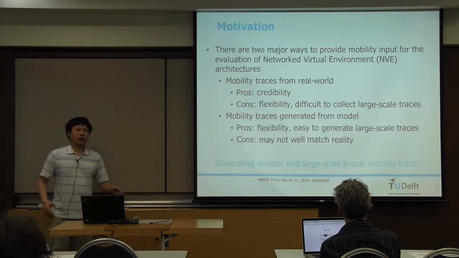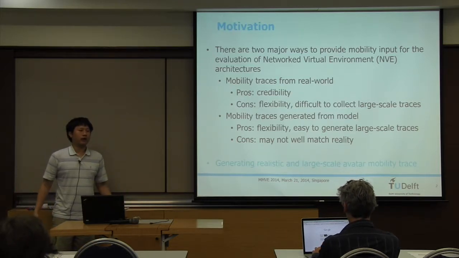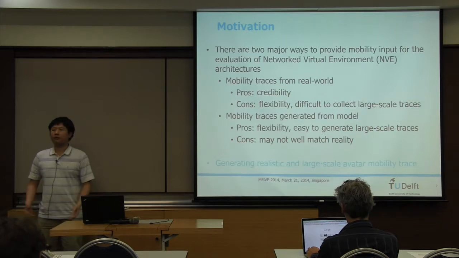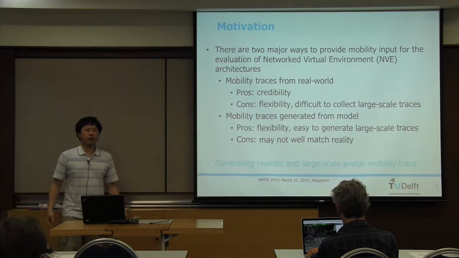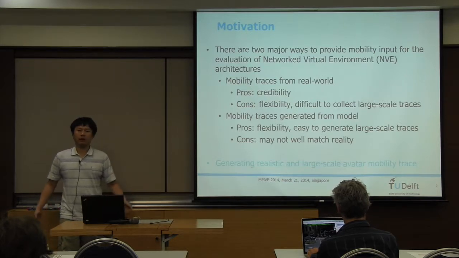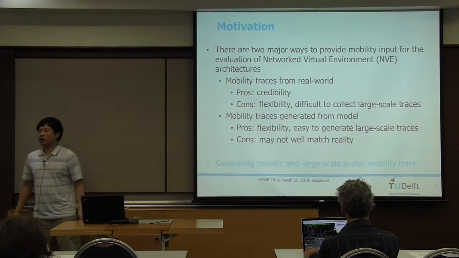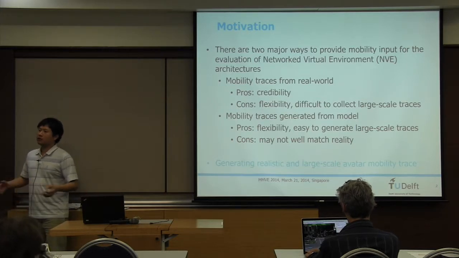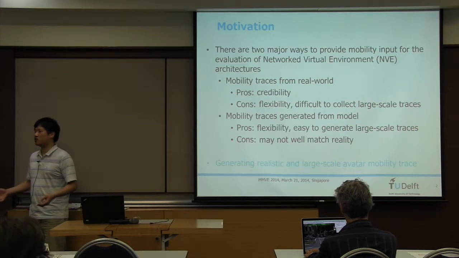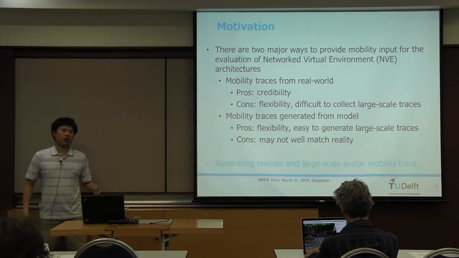Firstly, there are two major ways to provide input for evaluations of network virtual environments. Either you use real-world traces from some game, or you use some mobility model to generate traces. Using real-world traces has one advantage: credibility.